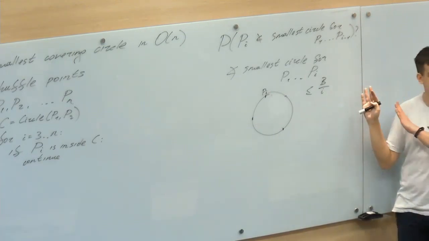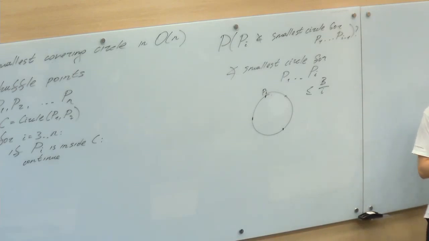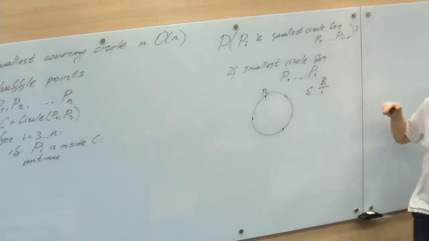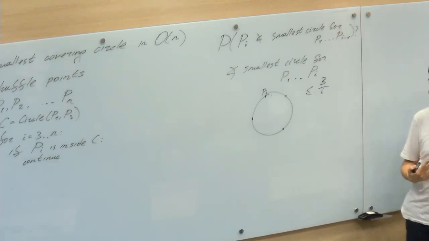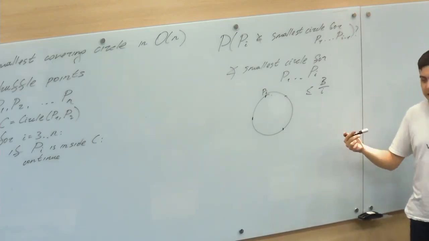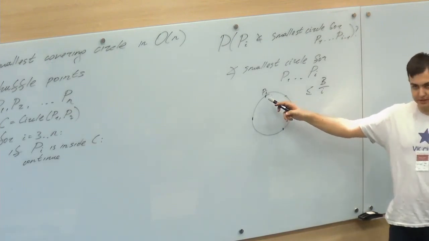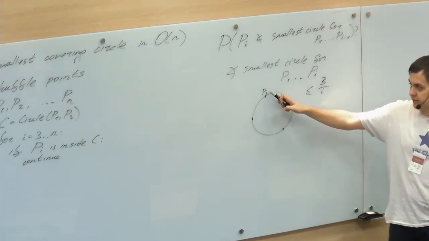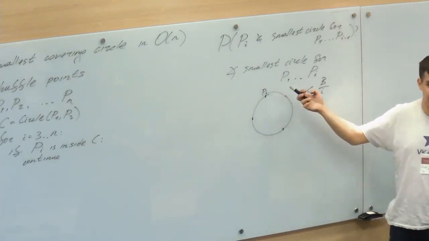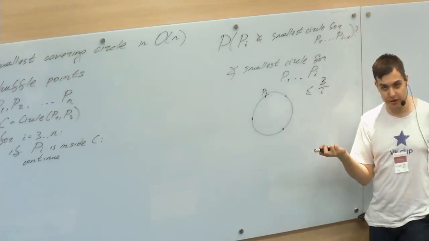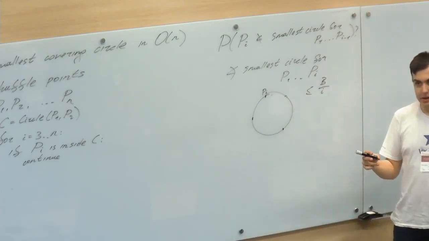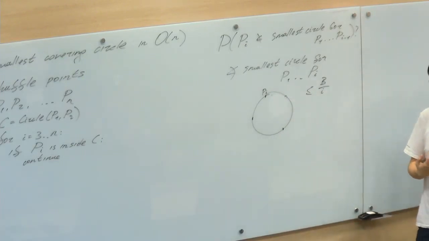Okay, so is this clear? The probability that Pi does not belong to the smallest circle for all the points before it: the smallest circle that includes this point must be on a border. There must be 2 or 3 points on that circle, and the order is random.